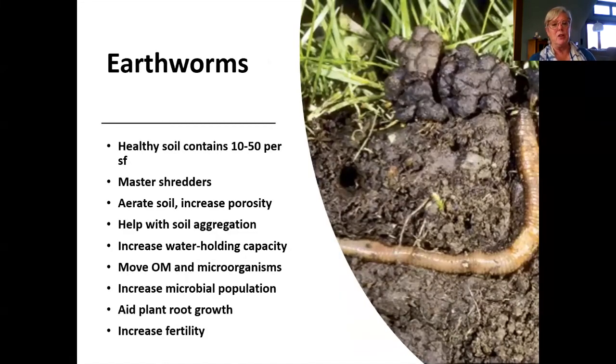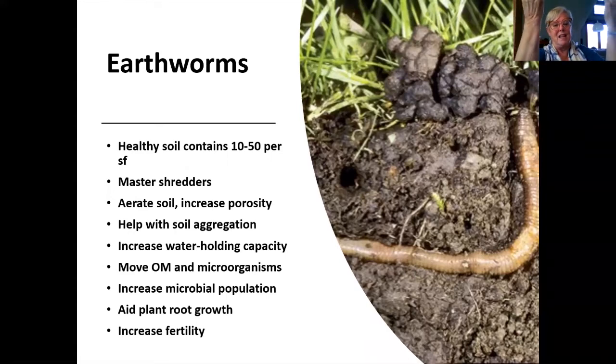And our beloved earthworms, healthy soil contains roughly 10 to 50 per square foot. If you take a good shovel of dirt and break it apart gently and then let them all go back, it's an easy way to assess the health of your soil. They are master shredders.